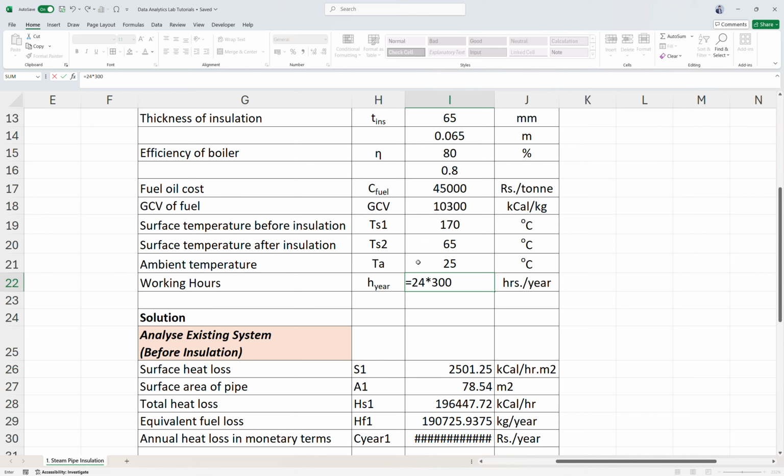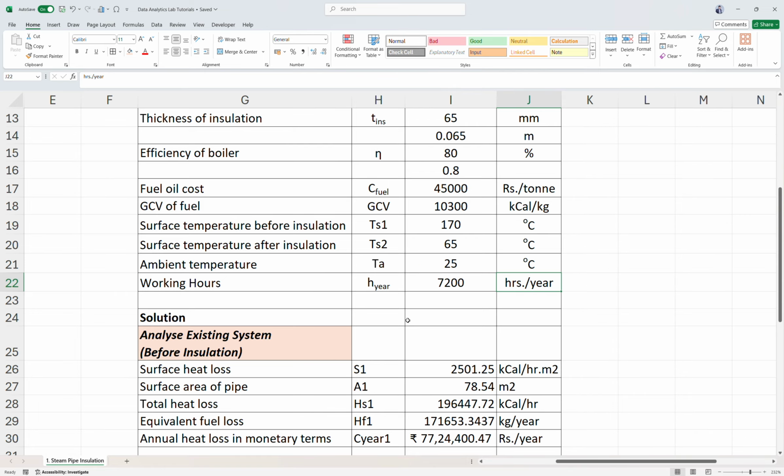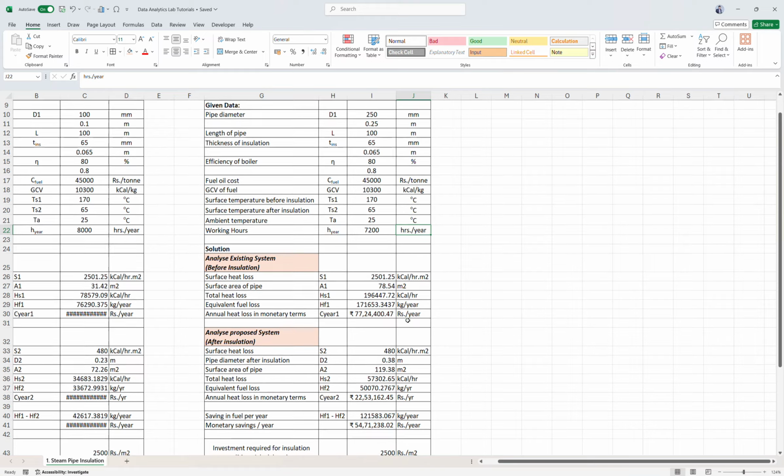And then there are national holidays or Dashera, Diwali, Eid, Christmas, Gandhi Jayanti, 15th of August Independence Day, or 26th January Republic Day. Those holidays are considered, so it comes out to be 300 days. So I press tab now, 7,200. If this is changed again, then the entire equation will change.